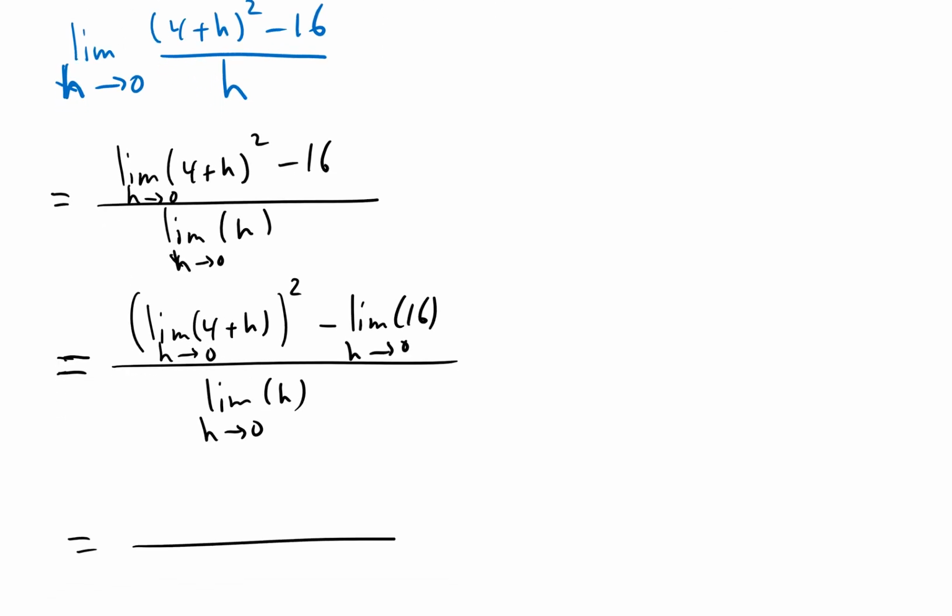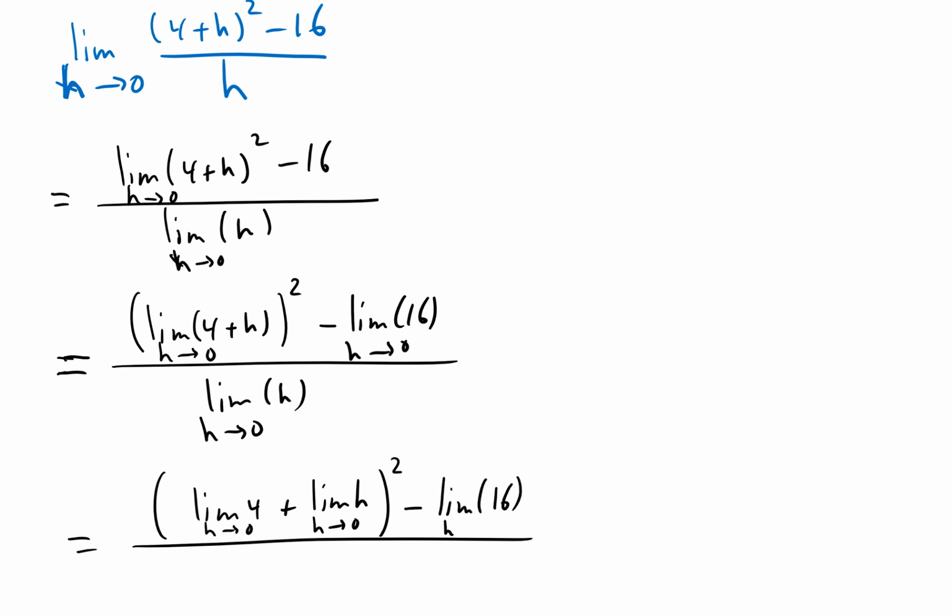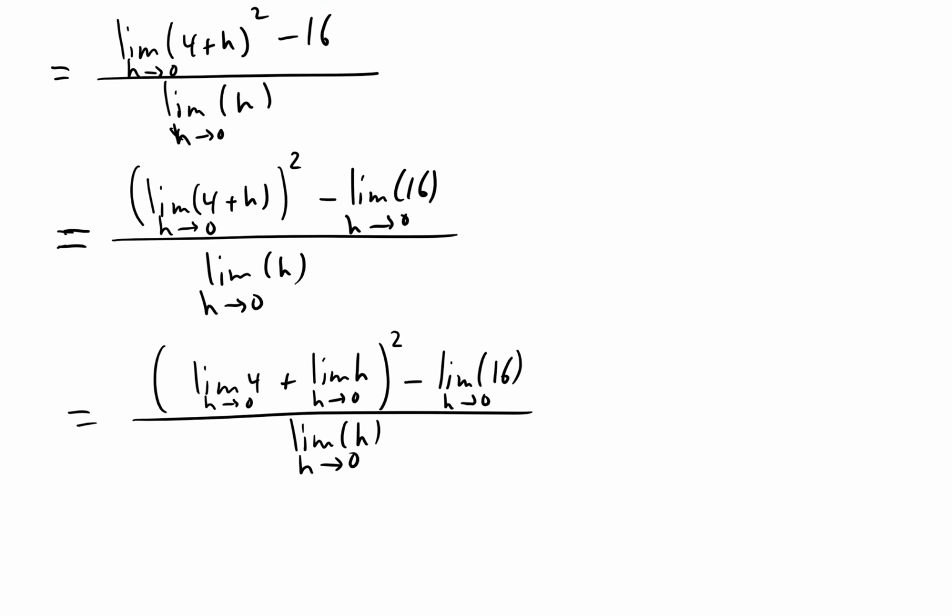Now inside that parentheses, you pass the limit, the first one, the limit of the second one. Equals the limit of the 4 is 4, plus 0 squared, minus 16, the bottom 0.